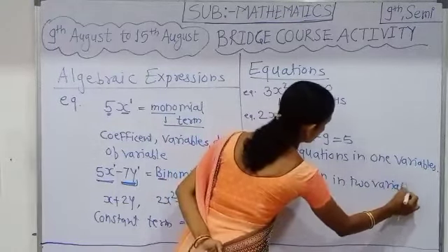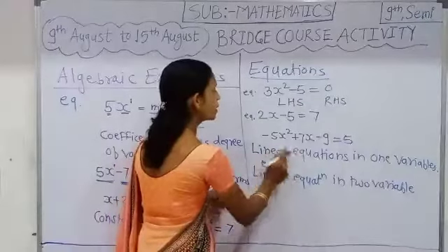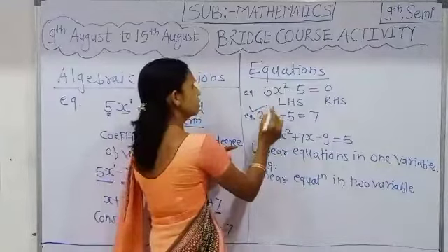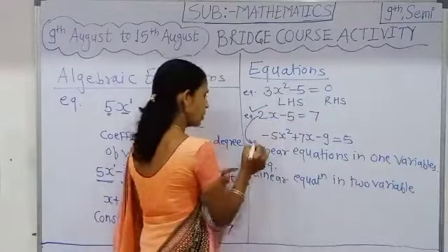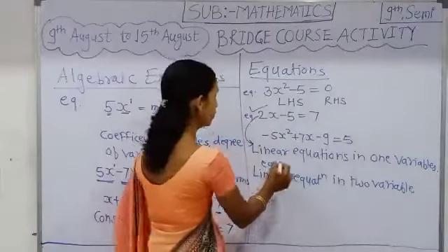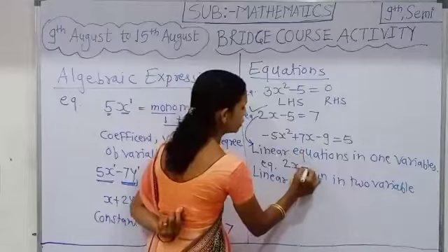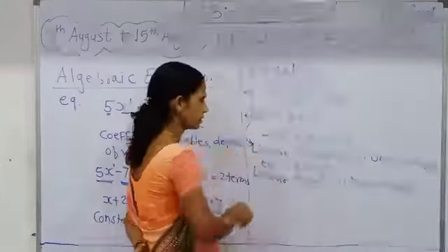All of you studied that in the previous lecture. For example, a linear equation is an equation of degree 1. Here 2x minus 5 is equal to 7 is an example of a linear equation in one variable, because the degree of this equation is 1 and only one variable is used, that is x.